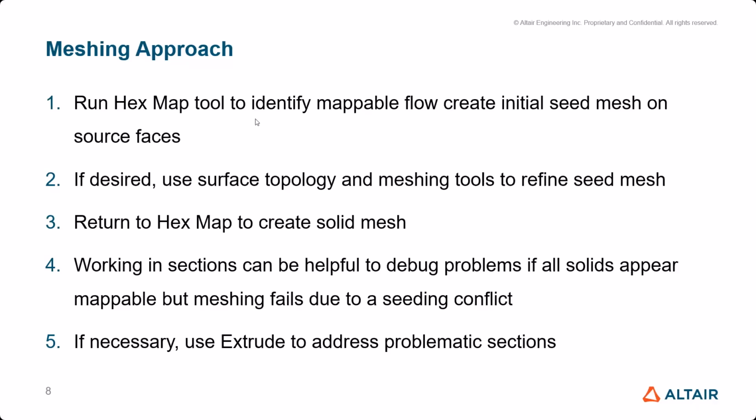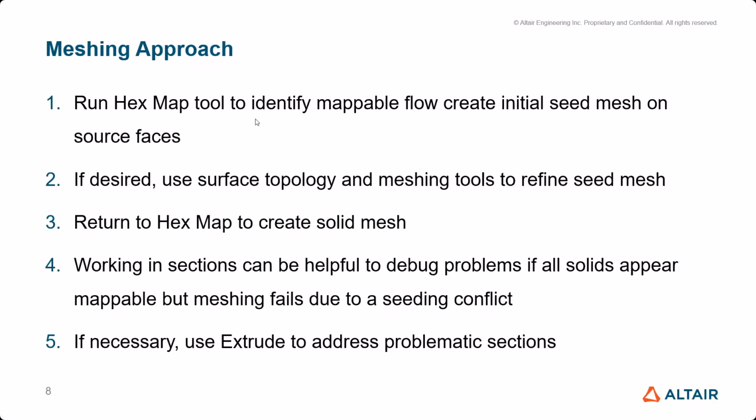Because even when you have individual solids that are mappable, HyperMesh still has to figure out, with different solids connected to each other, the proper order that's going to work out to create a successful hex mesh in the end.